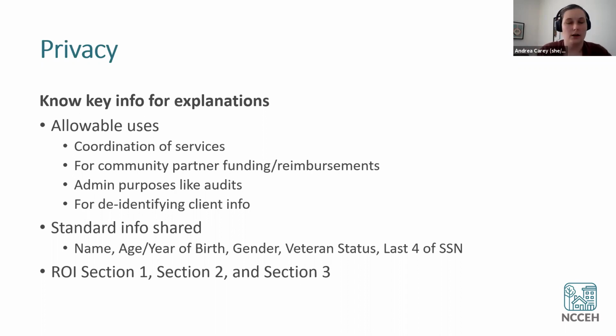It's a couple pages long to describe some of the allowable uses in further detail, outline some rights, and give a little more detail and clarification on things. So allowable uses is strung between those, and we really want to make sure that we're clear on why we're collecting this information. And that includes coordination of services.